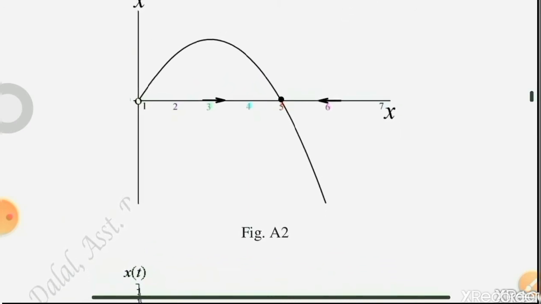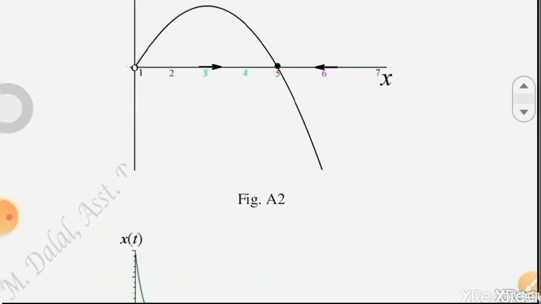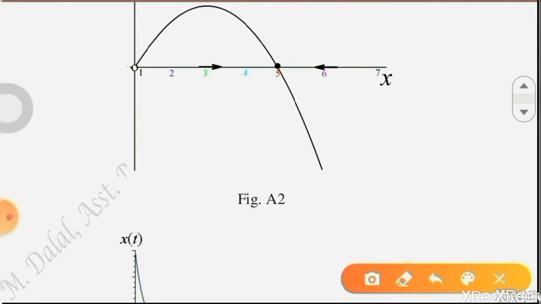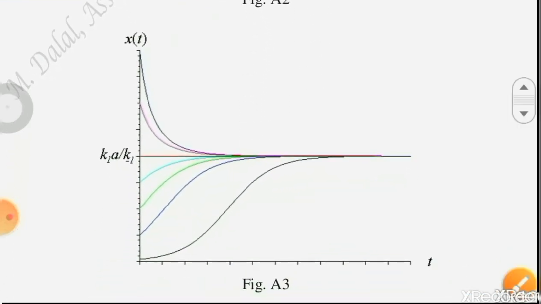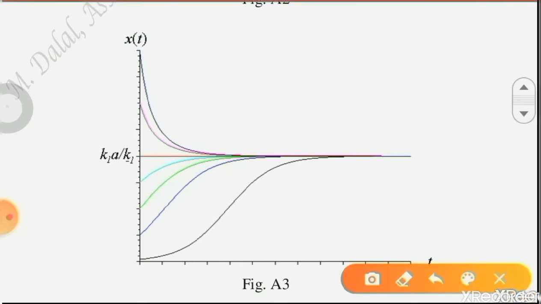Okay, so this point is marked by 2. For this initial condition, the trajectory will be this one.